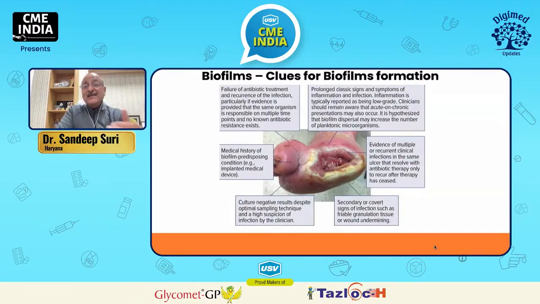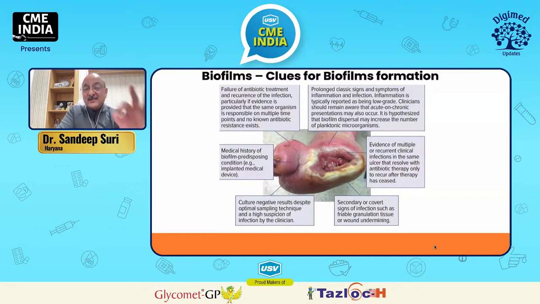Then if there is any medical history of a biofilm predisposing condition, like an implanted medical device, or there is evidence of multiple or recurrent clinical infection in the same ulcer that resolves with antibiotics only to recur after the therapy has been stopped. Prolonged classical signs of low-grade inflammation continue even after repeated debridement, sending culture, giving antibiotics, still it is not getting cured, it is definitely biofilm.